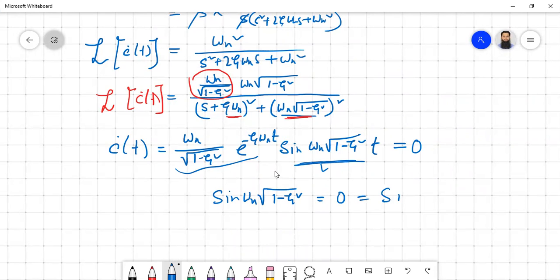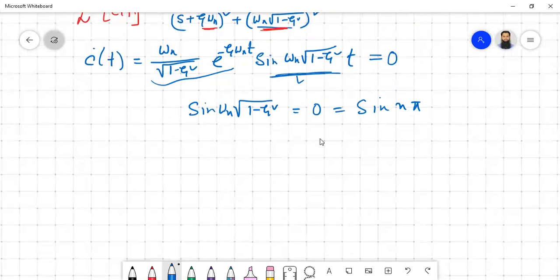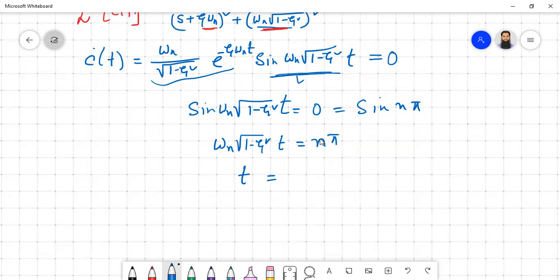We know the condition for sine to be 0 is nπ. So basically we can write ω_n root over, don't forget the t, 1 minus ζ² t equal to nπ. So t will be nπ by ω_n root over 1 minus ζ².